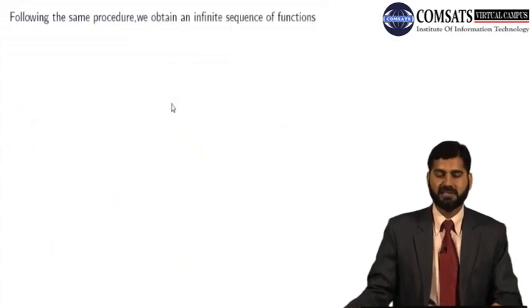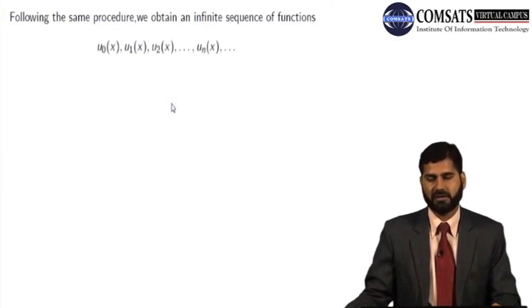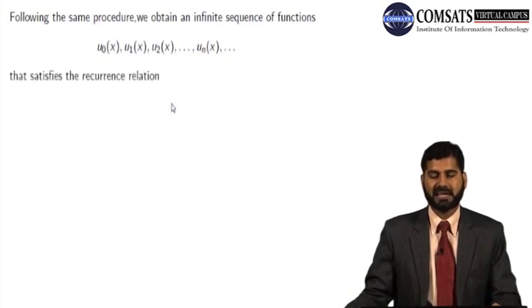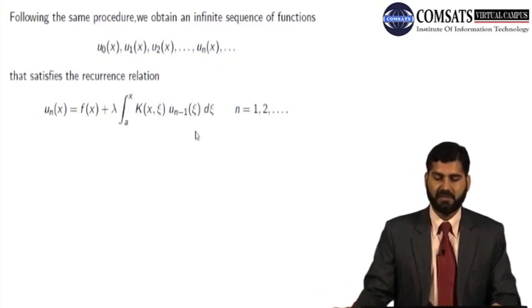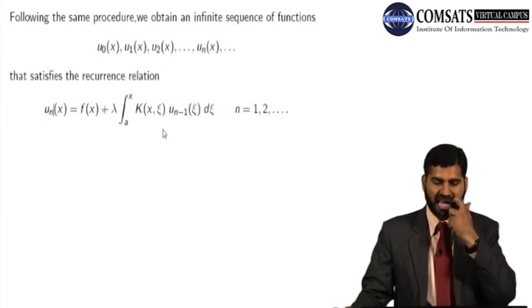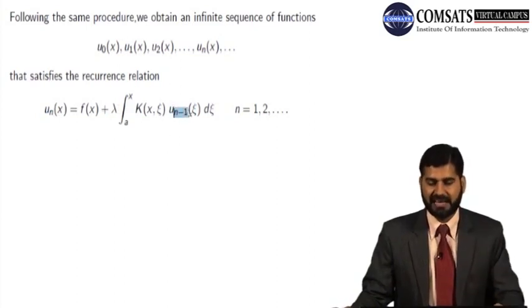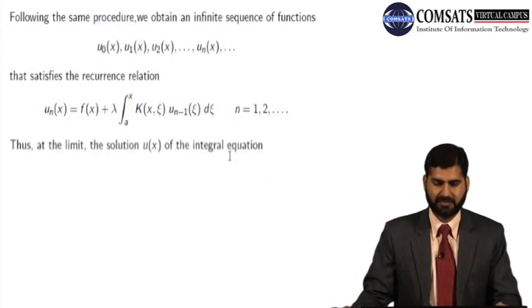So following the same procedure, we obtain an infinite sequence of functions u0, u1, u2 up to un that satisfies the recurrence relation, this one, because you see we took u0, it gave me u1 here. We replaced u1 here, it gave us u2. u2 gave us u3, and so on. So it is true for any n. If I replace n by n minus 1 here, it will give me un here, for n equal to 1, 2, 3, 4, 5. Right? So this is your recurrence relation.